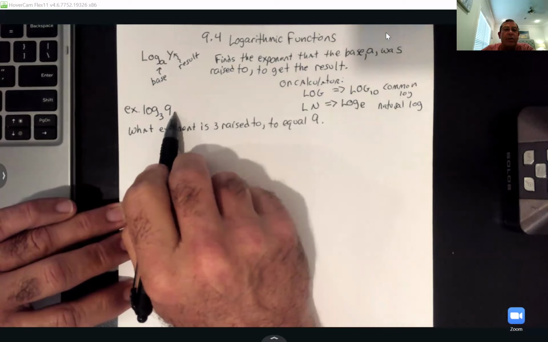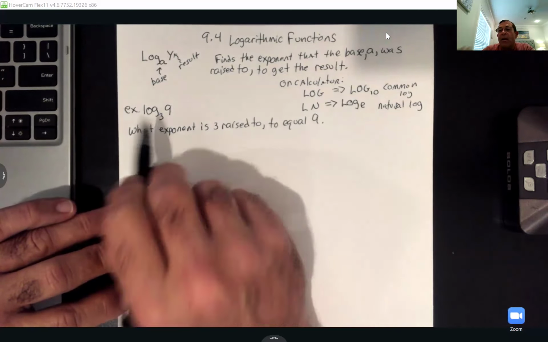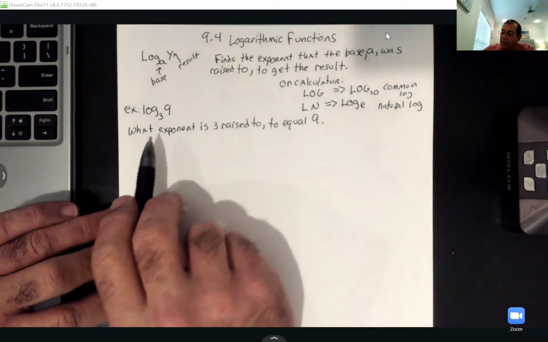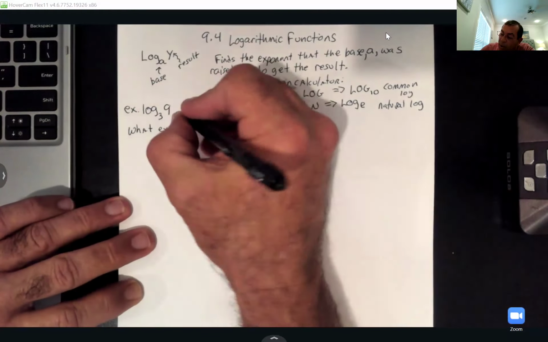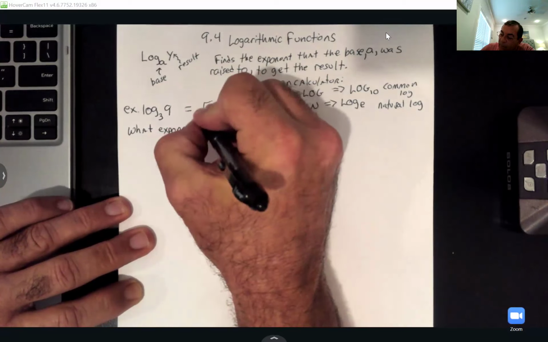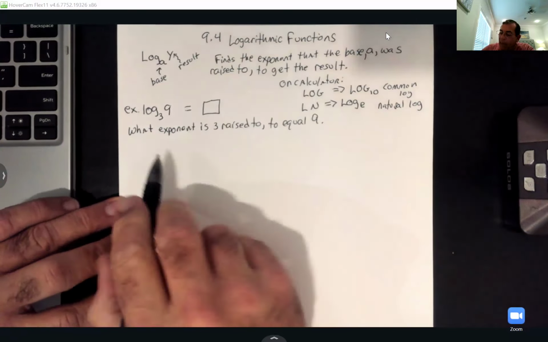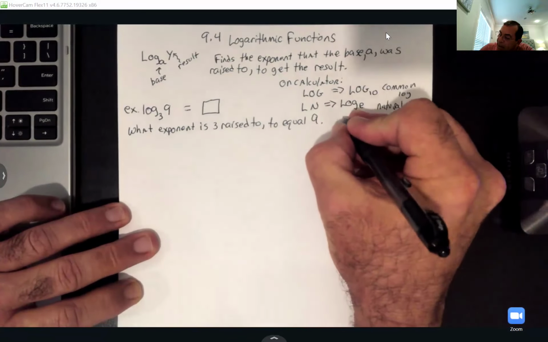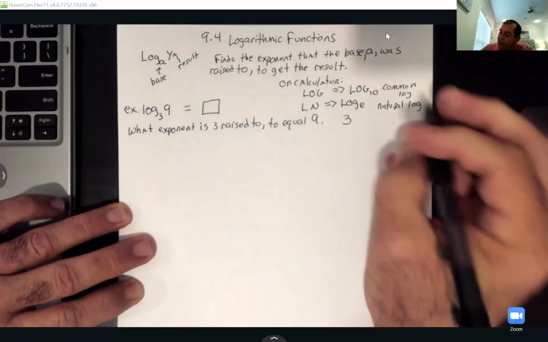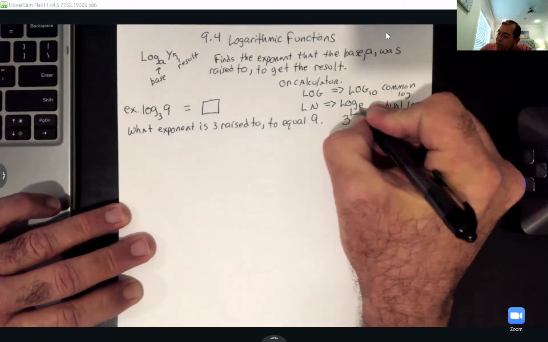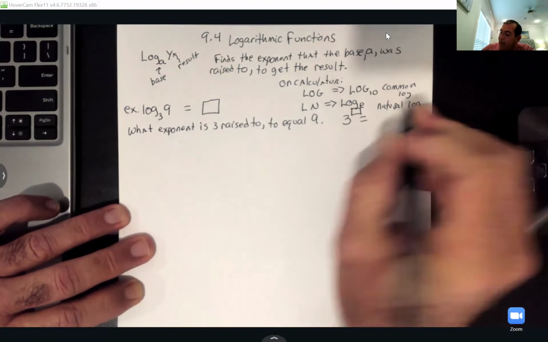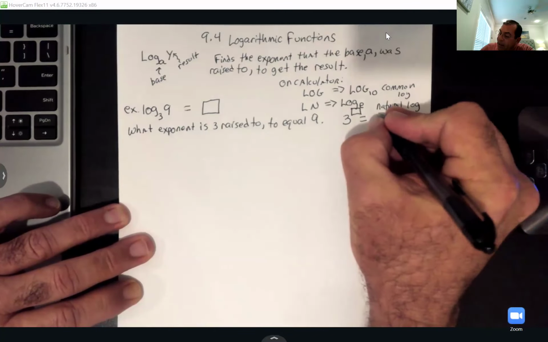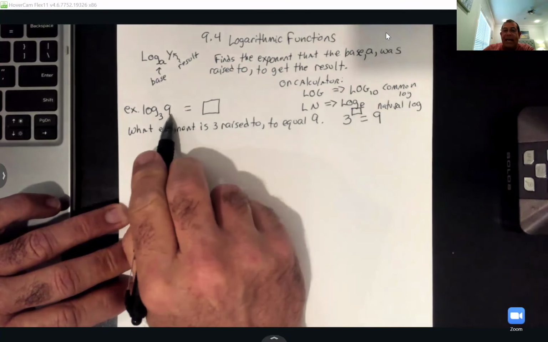Because 9 is the result of this base being multiplied how many times? So this is going to find me an exponent of what, y'all? How many times would this 3 be multiplied? So here's your 3, your base. We're looking for this exponent that we can put here so that when we evaluate this, it equals that result of a 9 right there.